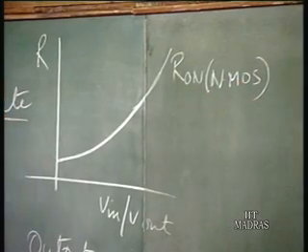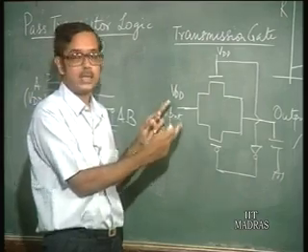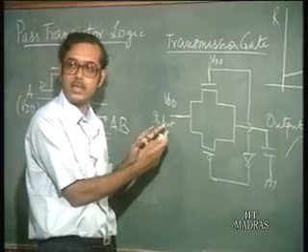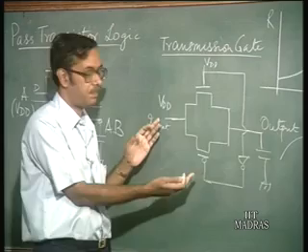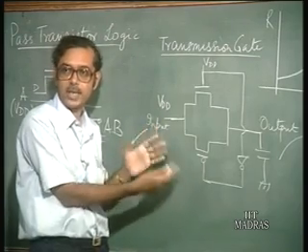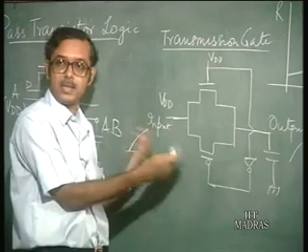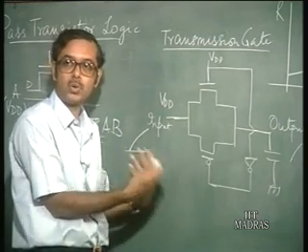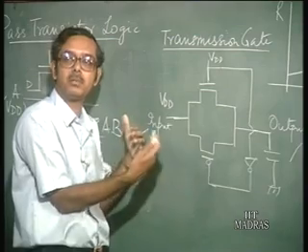And now, for the PMOS, what happens? Initially, the voltage was 0 here at the input. So, the PMOS was off because the gate to source voltage was 0, but as this voltage is rising, the gate to source voltage is becoming more and more negative. Gate is 0, the source is becoming more and more positive.